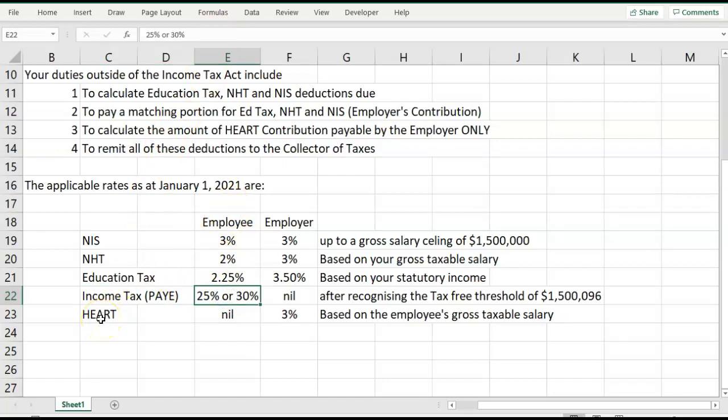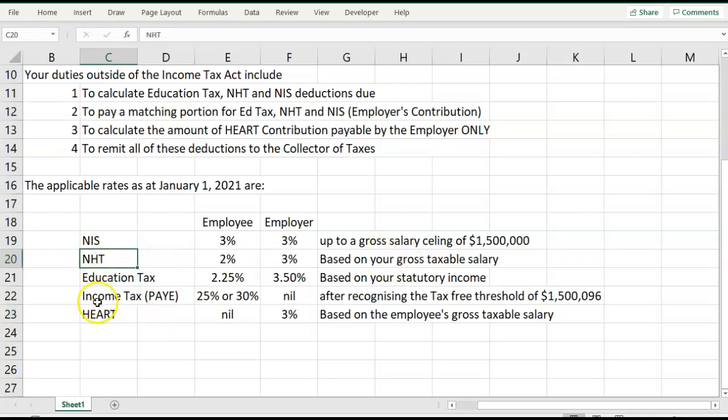On the other hand, HART, the employee does not suffer deductions of HART, but the employer makes contribution to HART at 3%. Now, one of the things you're going to notice is that the base on which these amounts are calculated differ to a large extent.